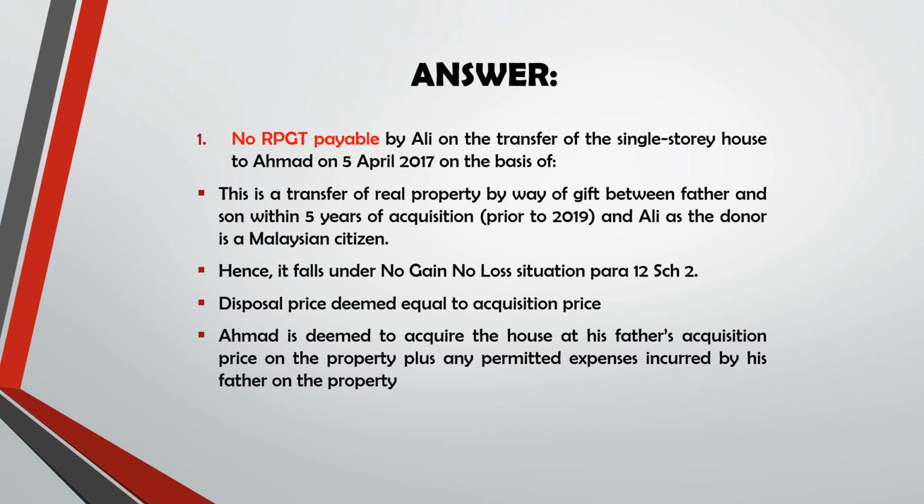So it falls under the no gain, no loss situation, paragraph 12, Schedule 2. Disposal price is deemed equal to acquisition price, and Ahmad, the beneficiary, is deemed to acquire the house at his father Ali's acquisition price plus any permitted expenses incurred by his father on the property.